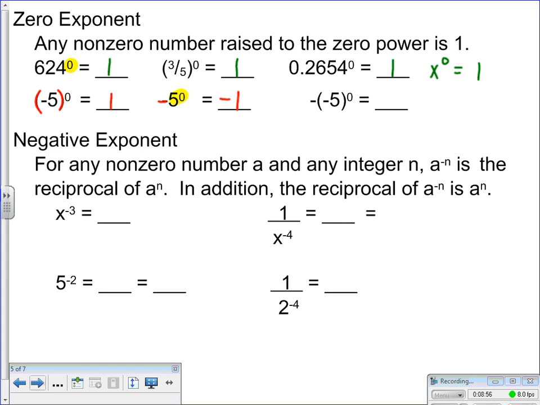So if there's no parentheses around a negative number, it comes out to be negative 1. And then with this last one here, those two negatives don't cancel out and become positive, because first what has to happen is the exponent 0. Now the 0 turns what's in the parentheses into a 1, but it does not change the negative that's in the front. So the answer again is negative 1.